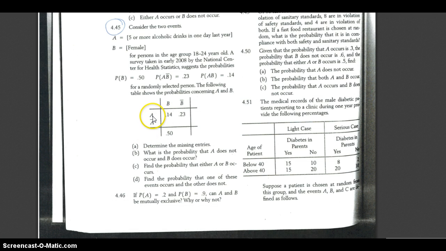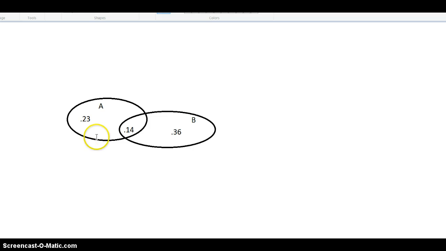First here, A B bar, which is given, is 0.23, and then we look for A bar B. A bar B means the section outside A and inside B. Look at the picture here. Outside A, inside B, so that would be this, the right section of B. I should use a different color.